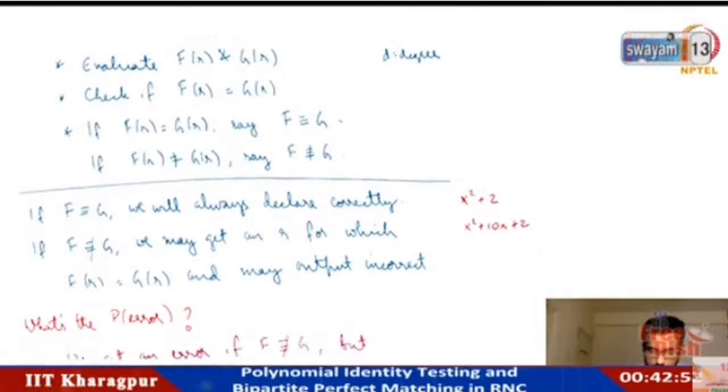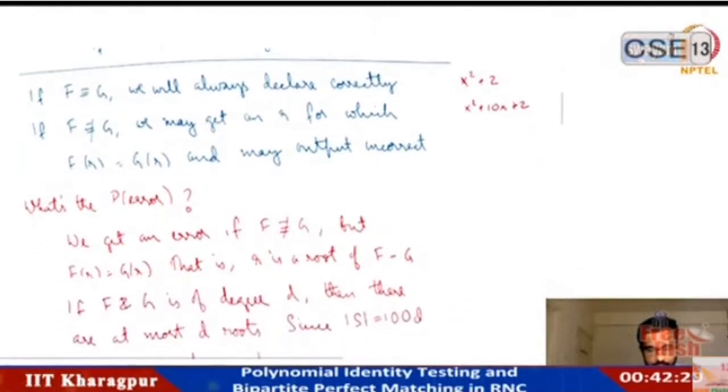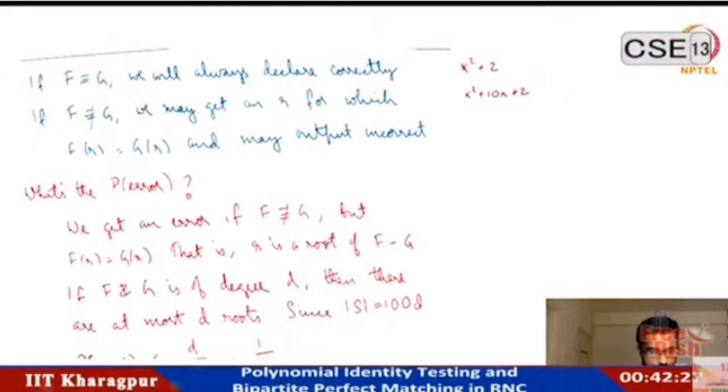So the point is that there may be an r for which f and g get evaluated to the same value, and this is the only possibility of error. Even though the polynomials are different, it could so happen that you pick an r for which they evaluate to the same value. So what is the probability of error?